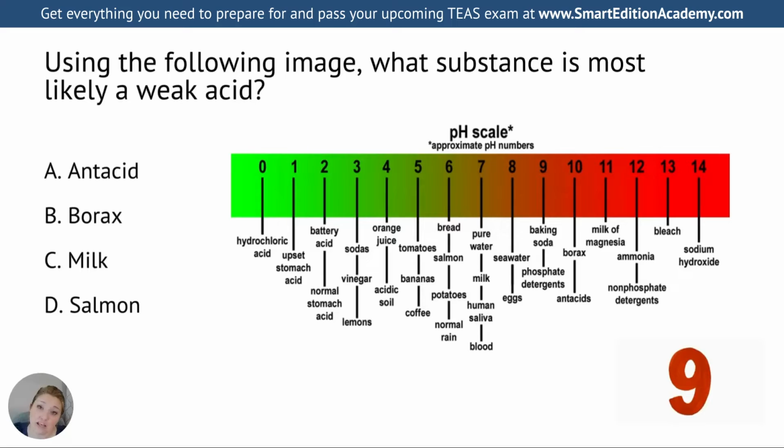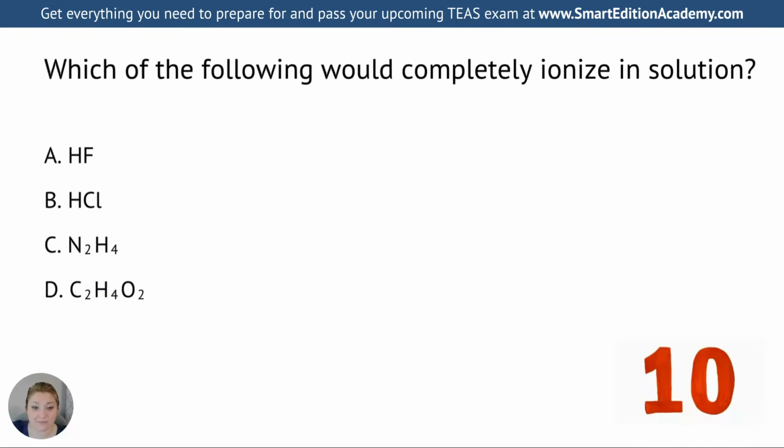So a lower pH is more acidic, and the closer to 7 we get on that scale, the less acidic. So it's asking us which one is a weak acid. We look at our antacid, borax, milk, and salmon, which has a pH of 6, which means it's close to being neutral, but still on the acidic side, meaning it is a weak acid. So good job if you said D. Next question.